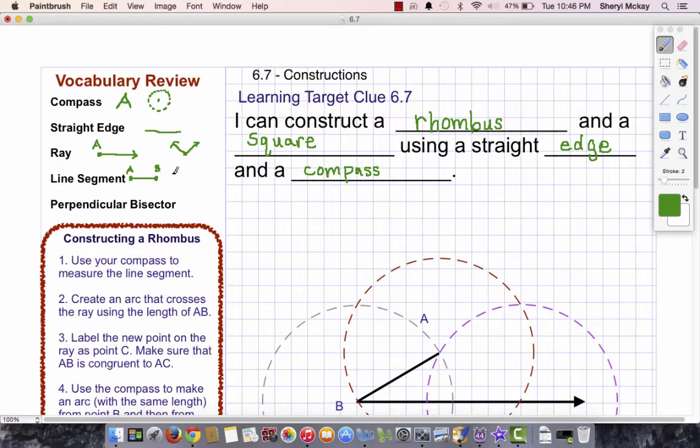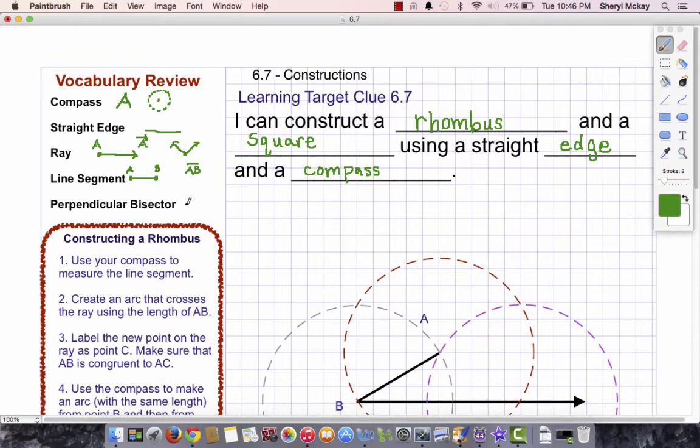We call this line segment AB. So a ray would look something like this. If we were going to describe it, we'd put a little mark over it like that. And if it was a line segment, we would write the start and stop, the two endpoints, and we would just put a line over the top, all right?